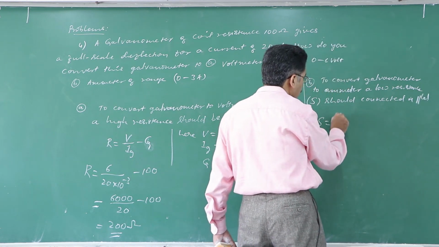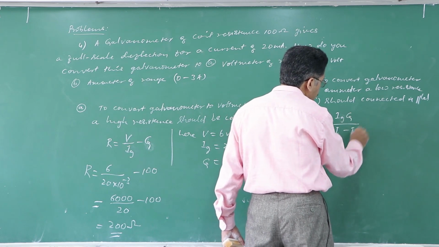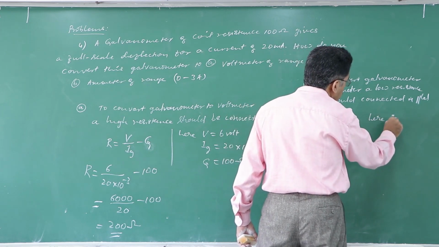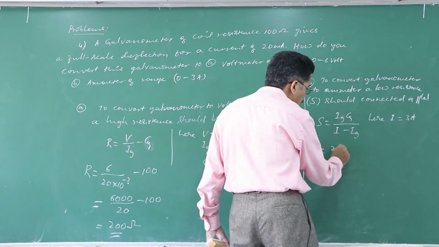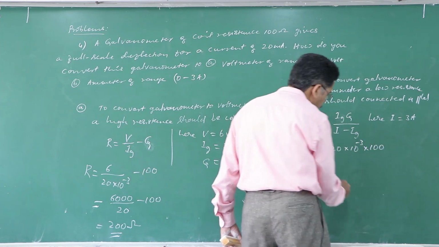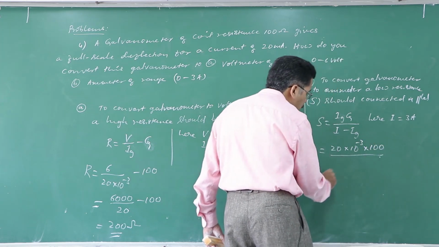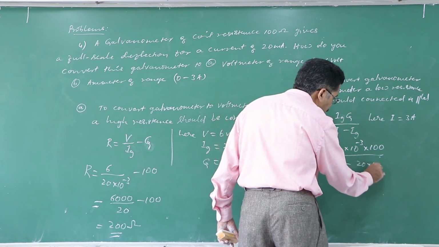S is equal to IgG by I minus Ig. Here I is equal to 3 ampere. Therefore, 20 into 10 raised to minus 3 into 100 divided by 3 minus 20 into 10 raised to minus 3.